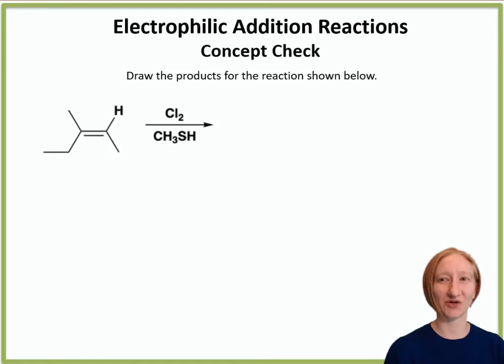In this first concept check question, you're asked to draw the products of the reaction shown. First, I'll recognize that the chlorine is the electrophile, and that will form a chloronium ion intermediate.